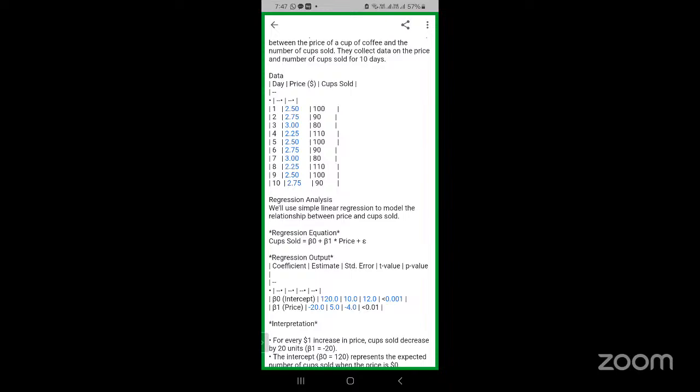Third day, the price is 3 and cups sold is 80. Fourth day, 2.25 and cups sold is 110. Now on the fifth day, the price is 2.50 and cups sold is 100.